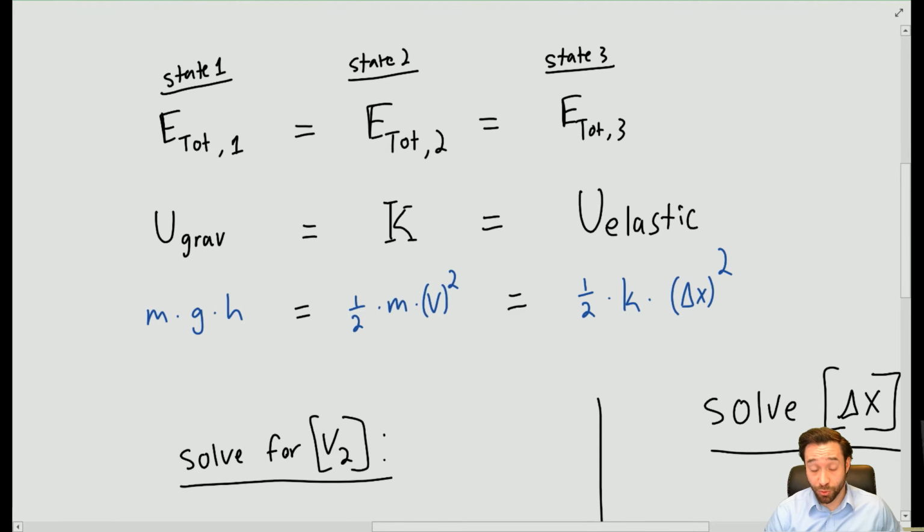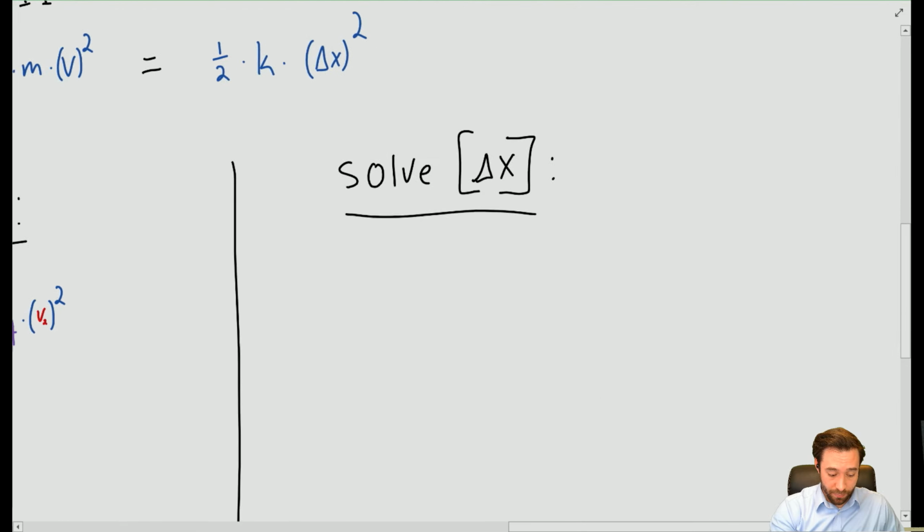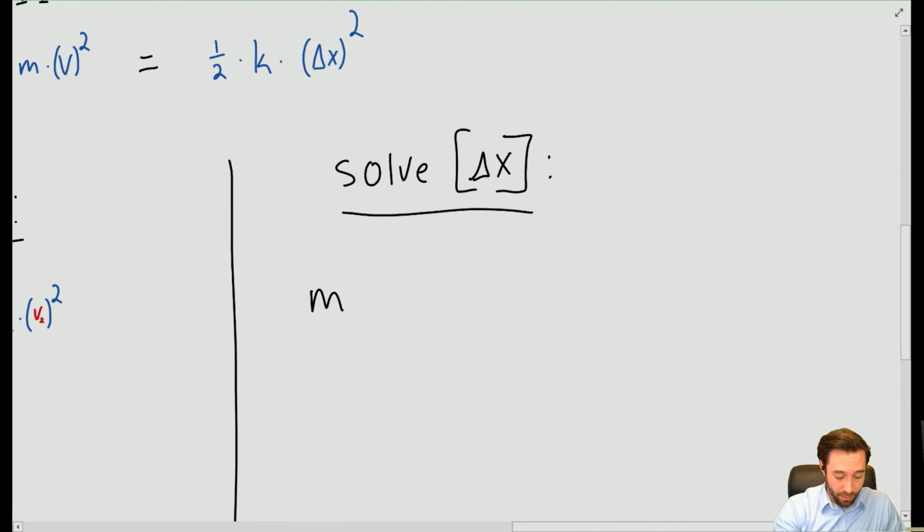Mathematically, it would still be true. So my state 1 equals state 3. Keeping the colors the same, it's going to be mass times gravity times height, and then 1/2 times the spring constant times delta.